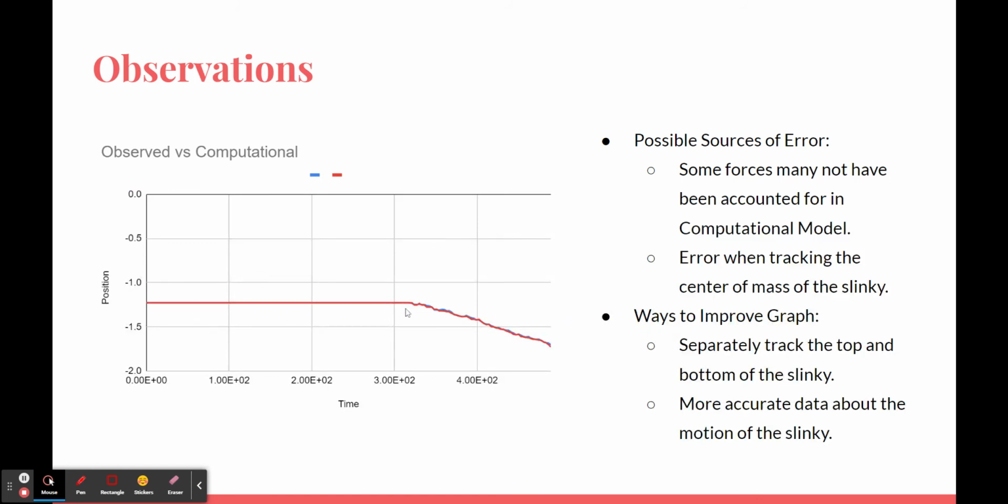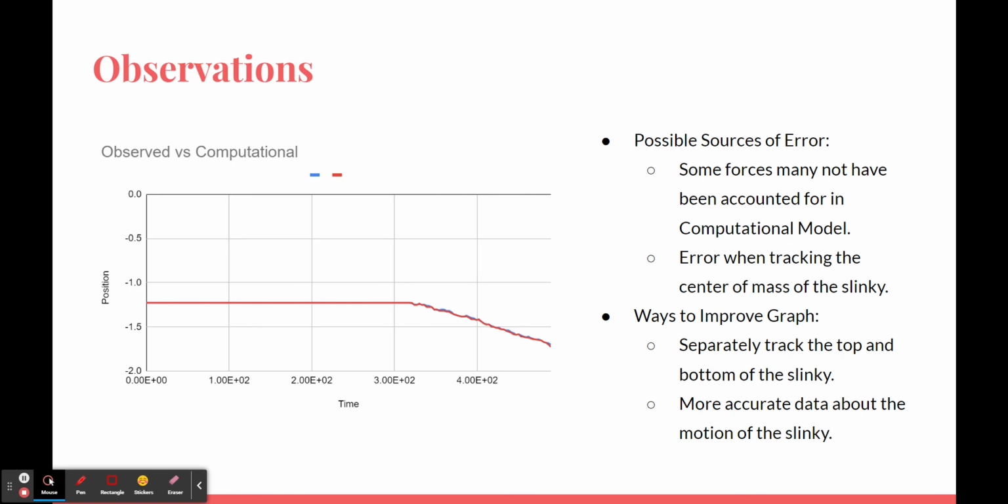Here you can see the two models. The blue line is the observational model, and the red line is the computational model. As you can see, they're pretty close to each other. Some possible sources of error for why they're not exactly the same are that some forces may not have been accounted for in the computational model, like air resistance.